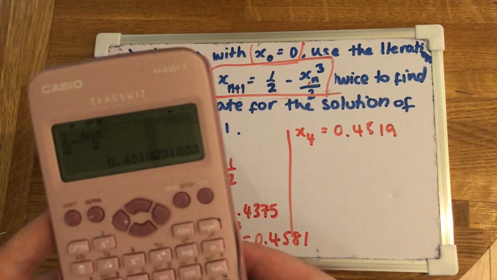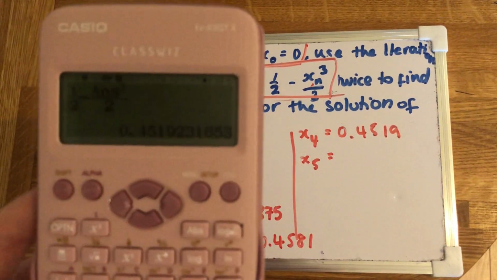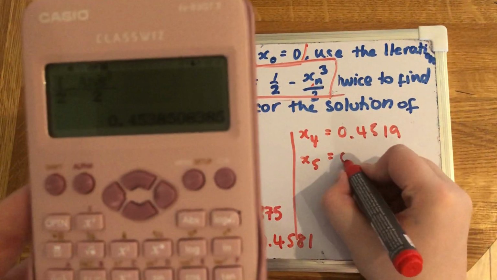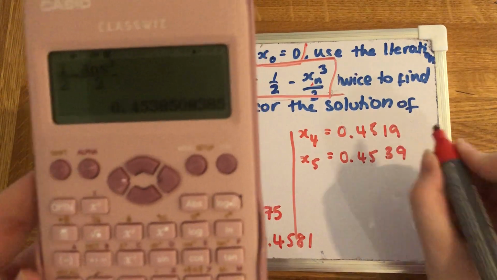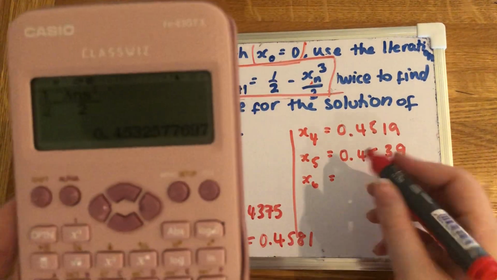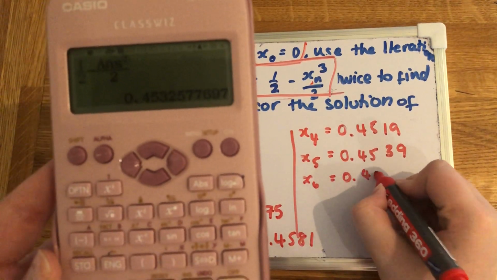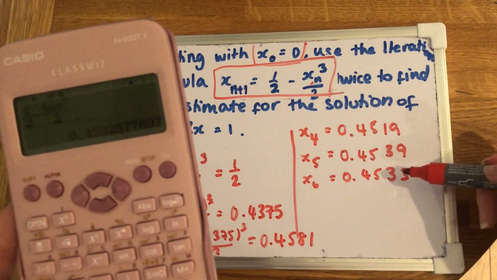So the third and fourth decimal places are changing. Okay, next one. So we've now got 0.453, that would round to a 9. x6, 0.4533. So now 3 decimal places are the same.